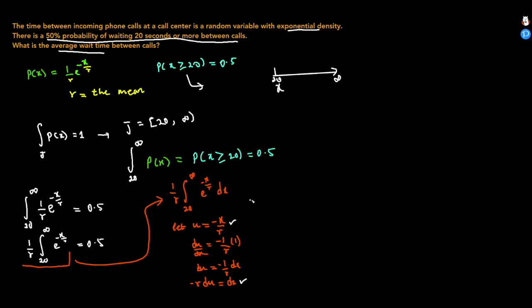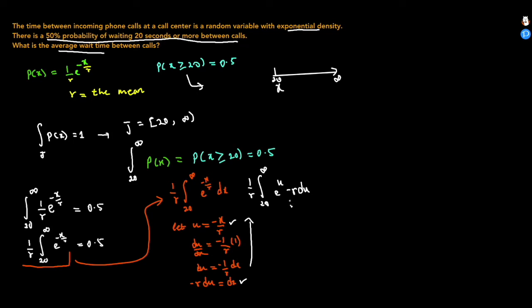So we can take those two parts and say the integral: 1 over r times the integral from 20 to infinity of e to the u, and then minus r du. Okay, so this is a constant.